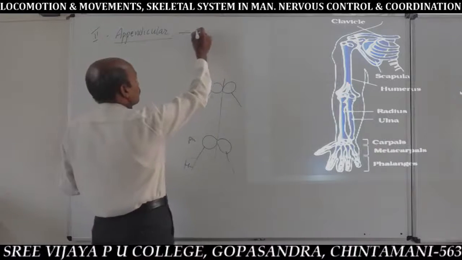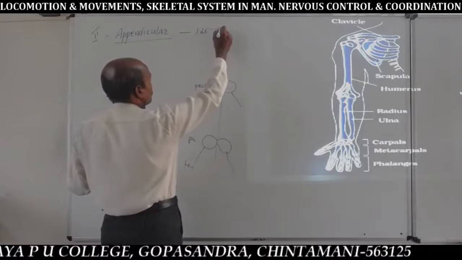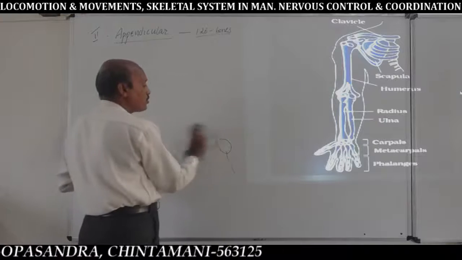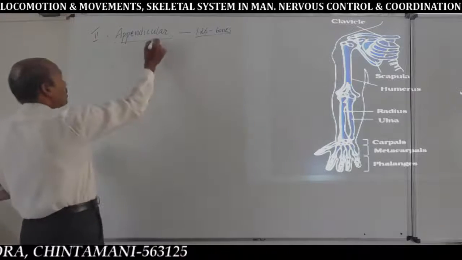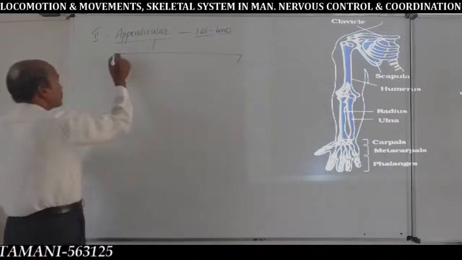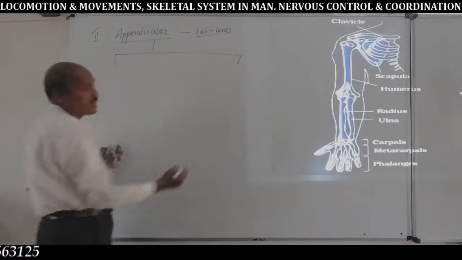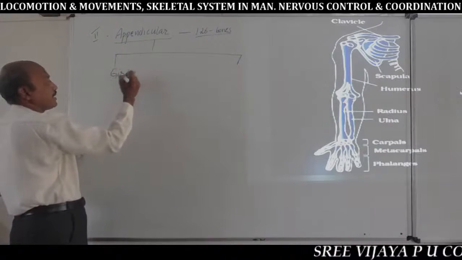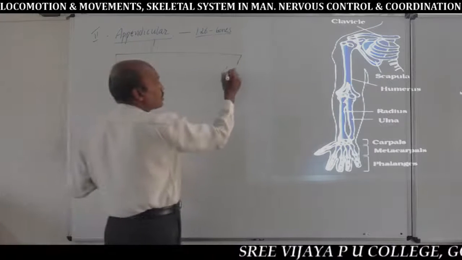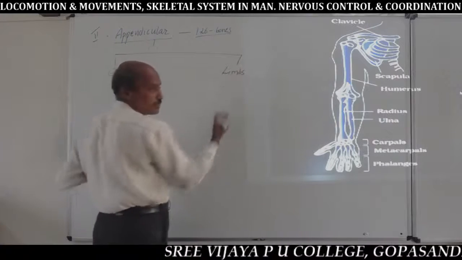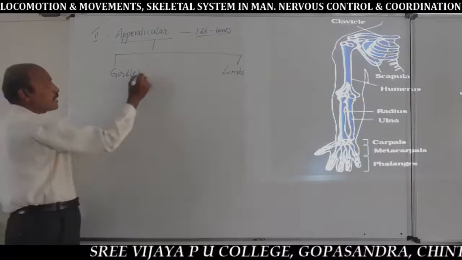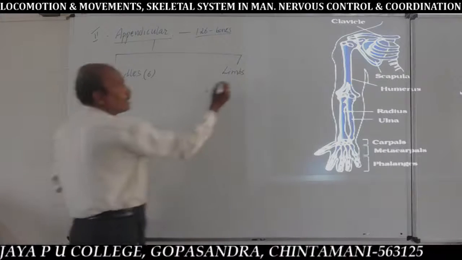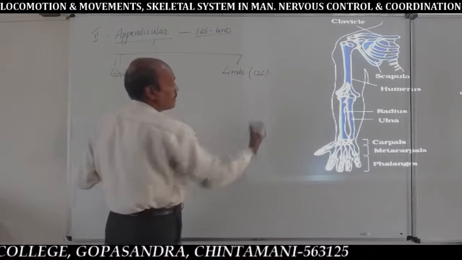The appendicular skeleton includes 126 bones. Among the 126 bones, it is further divided into two parts: girdle bones and limb bones. The girdle bones are 6 in number, and the limb bones are 120 in number.